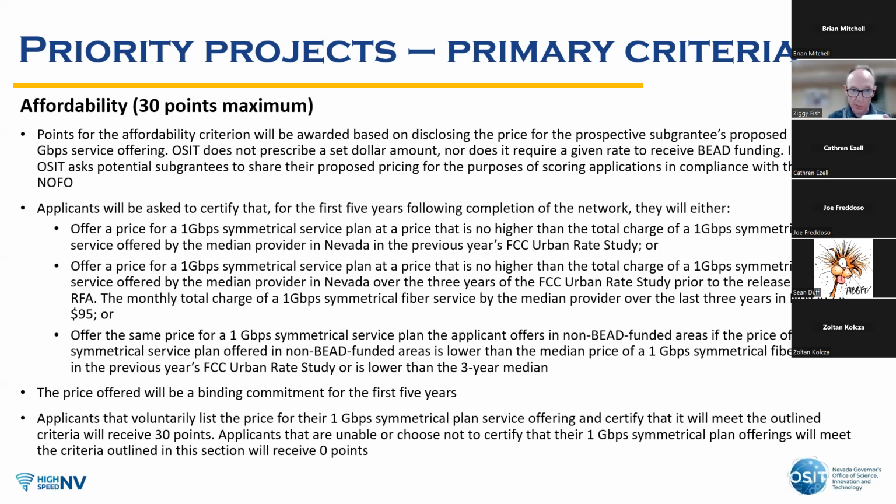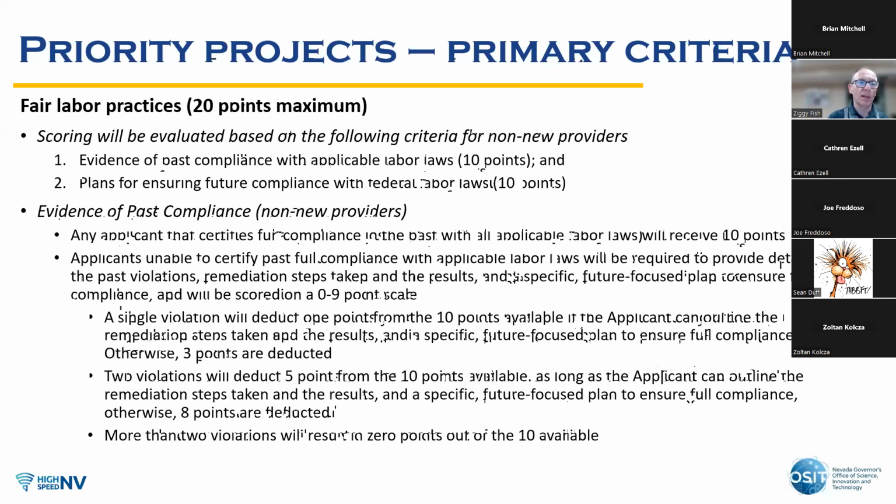Whatever rate you list, it'll be a binding commitment. So you may not want to list an artificially low price because you'll be committing to whatever rate you list. If you don't want to list, that's fine, but then you'll get 0 points.